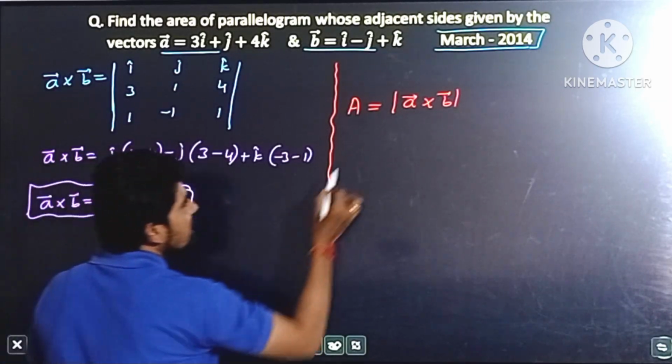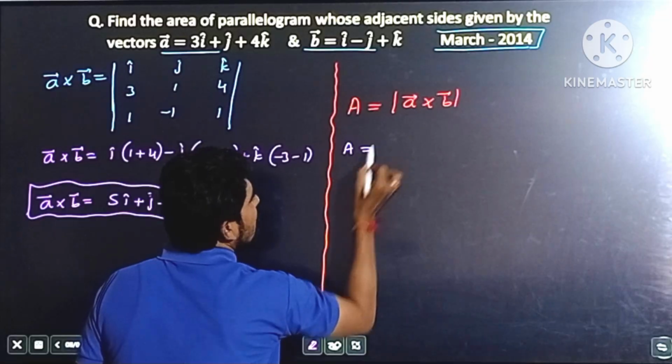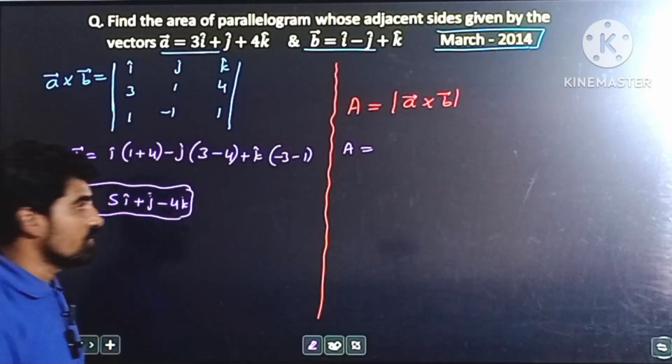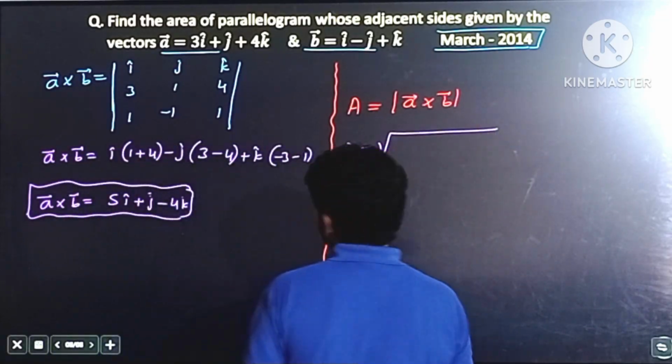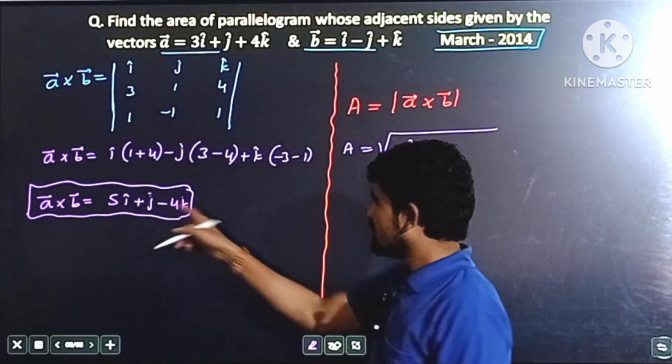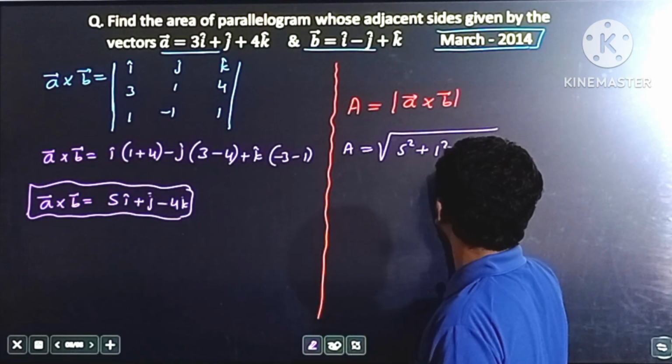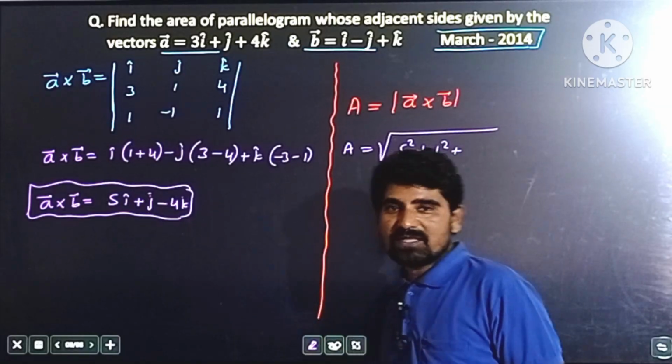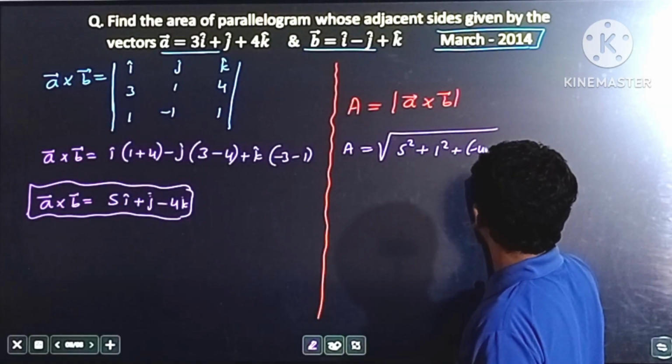So therefore area equals the magnitude of A vector cross B vector, which is nothing but the square root of the square of the coefficient of i, that is 5 square, plus the square of the coefficient of j, that is 1 square, plus the square of the coefficient of k, that is minus 4 square.